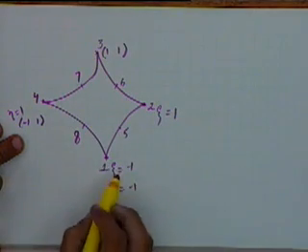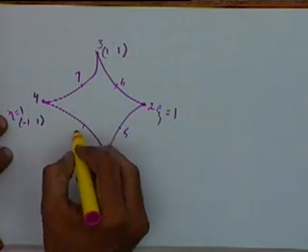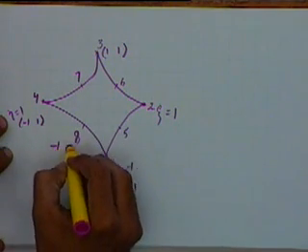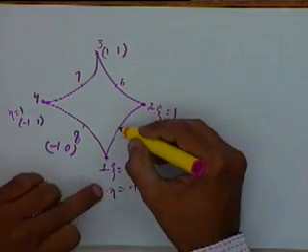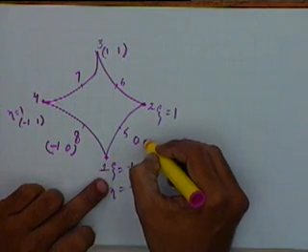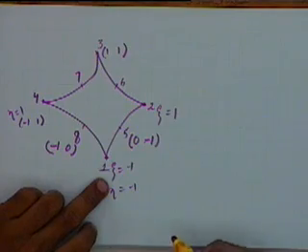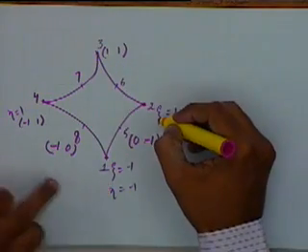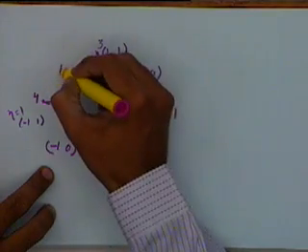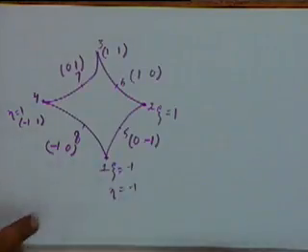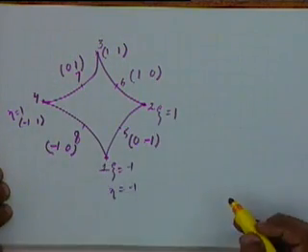Typically, if zeta is varying from -1 to +1, here you will get eta equal to 0, so this point will be -1, 0. At this point zeta will be 0 and eta will be -1, so this point is 0, -1, and at this point zeta is 1 and eta is 0, so you will get this point to be 1, 0 and this point to be 0, 1. All these are in terms of zeta and eta.